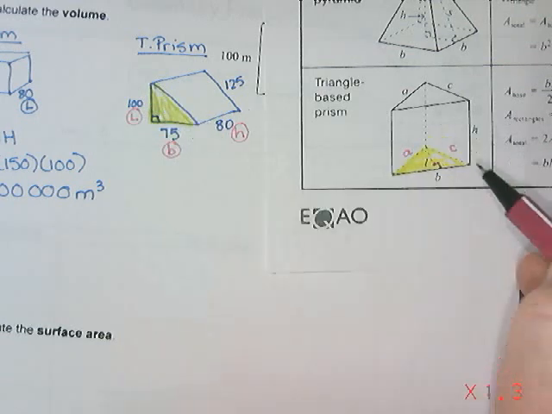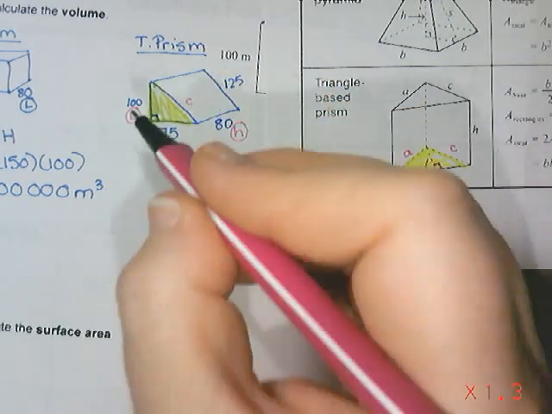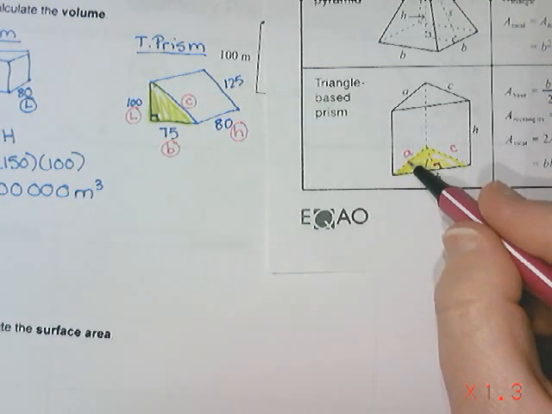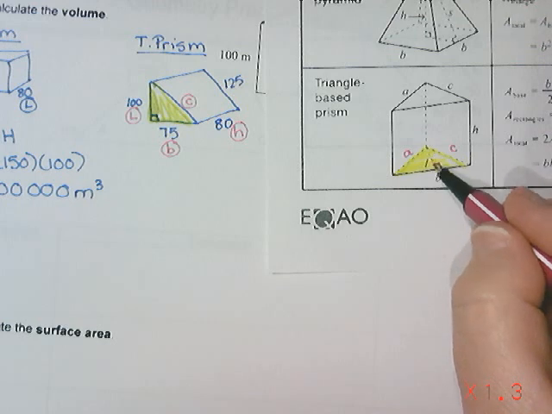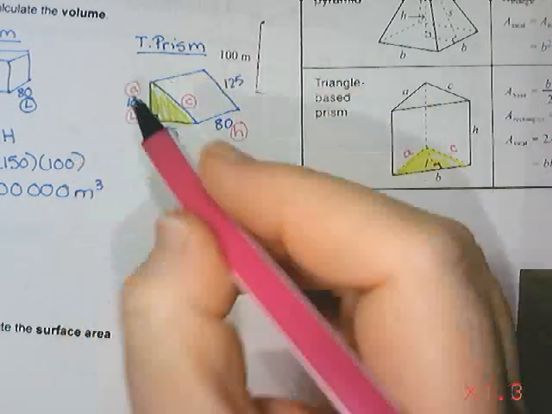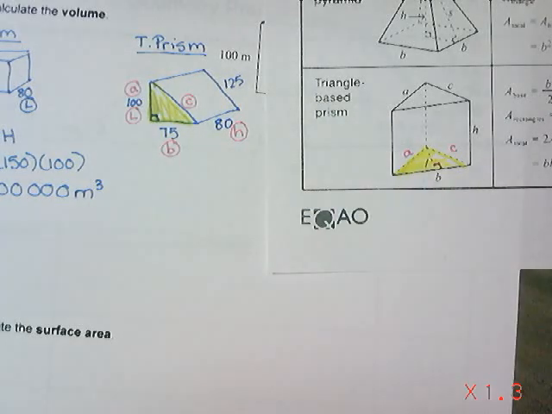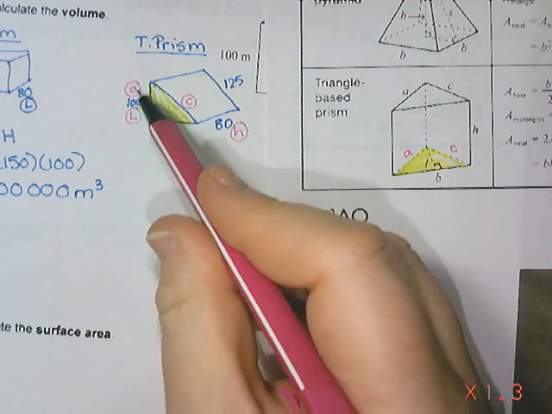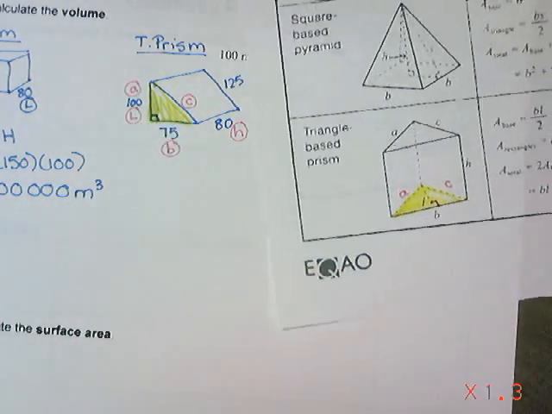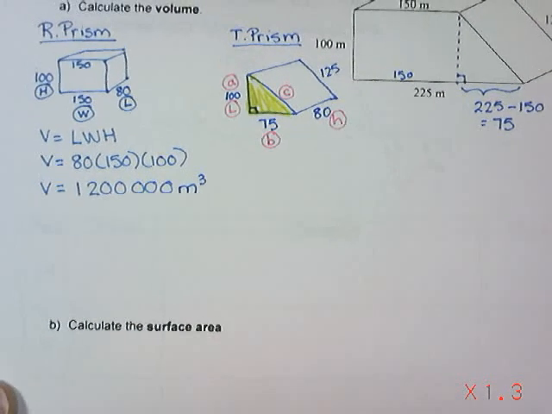So this side would be my C, but I don't have a separate side A. My side A is actually doing double duty as both the length and side A. So this 100 over here is the third side of the triangle, and it's the height of the triangle at the same time. So it has two jobs, right? So it's going to be both the A and the L, which is weird, right? And it's tricky to figure out, but that's how that's going to get labeled.